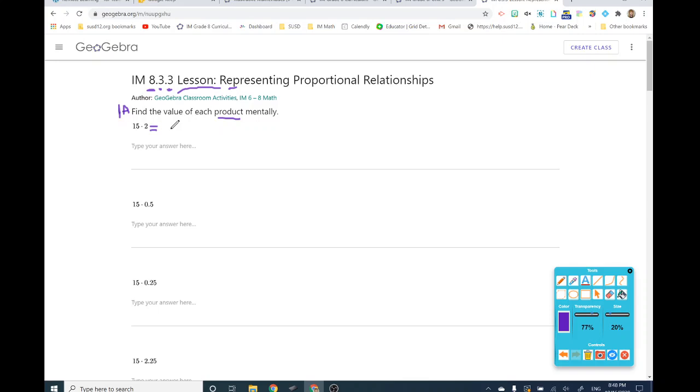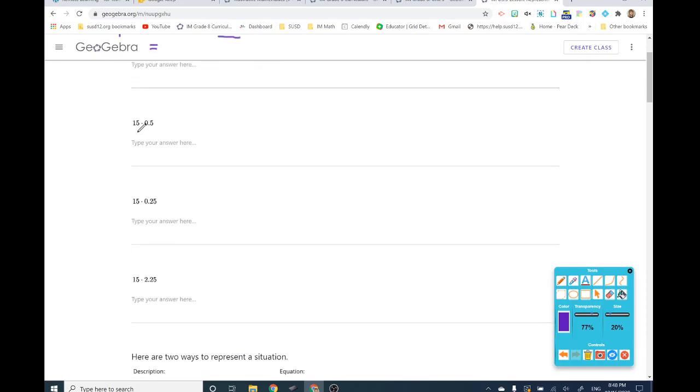15 times 2. Hurry up, what's the answer? Type in your answer. 15 times 0.5. Type in your answer. Remember that multiplying by 0.5 is the same as multiplying by 1/2 because 0.5 equals the fraction 1/2.